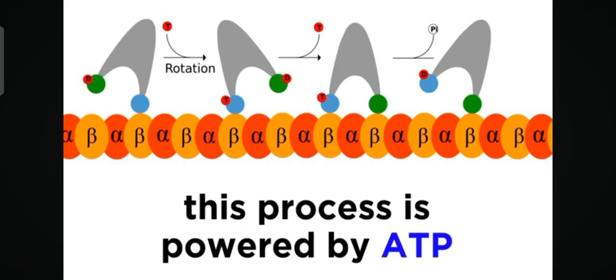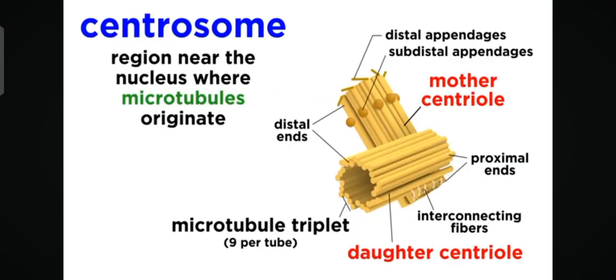This is a process that requires ATP to power, and two components move sequentially along the microtubule in an action that looks a lot like walking. In animal cells, microtubules grow outwards from a centrosome, which is located near the nucleus and consists of a pair of centrioles, which have microtubules arranged in a ring, 9 sets of 3 to be exact.